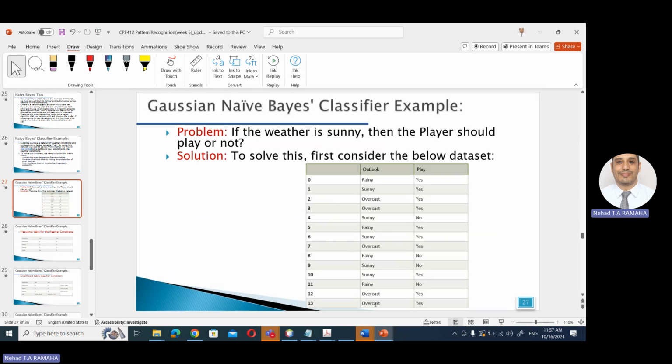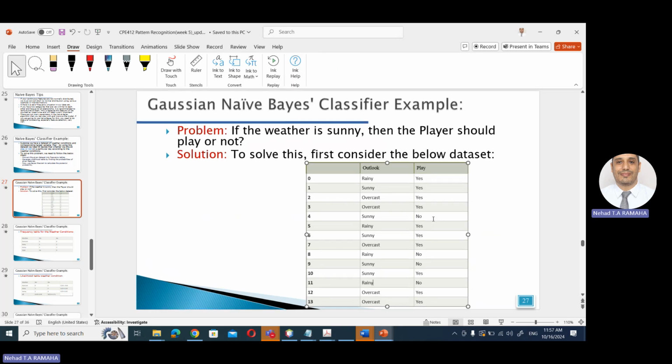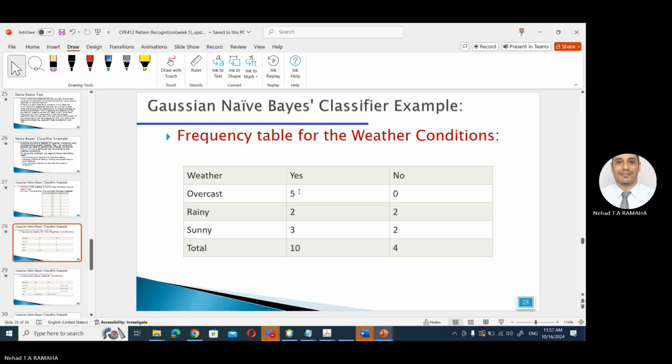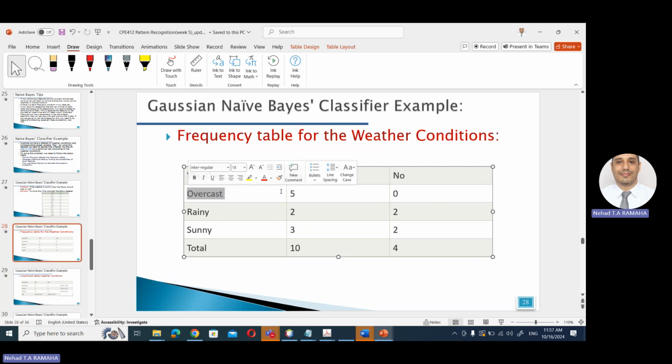Here, it's overcast, yes. So rainy, 1, 2, 3, 4. Is it 4 or 5? 1, 2, 3, 4. It's written 5 here. No, this is overcast. I did not focus.